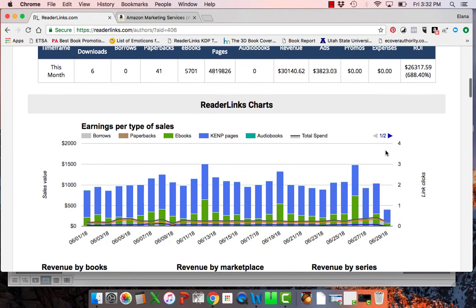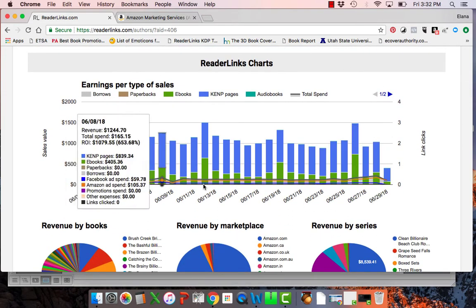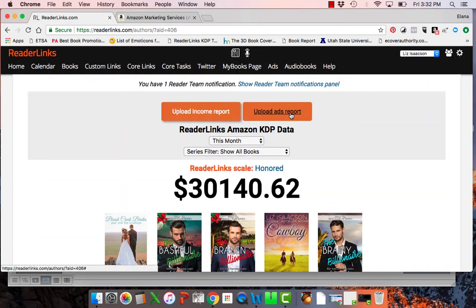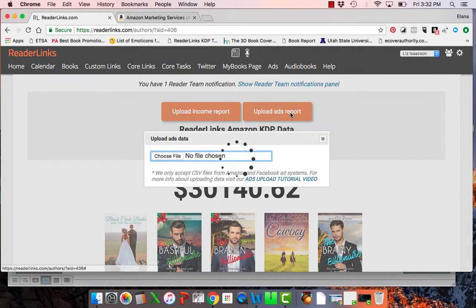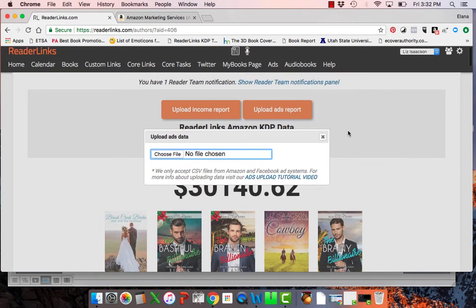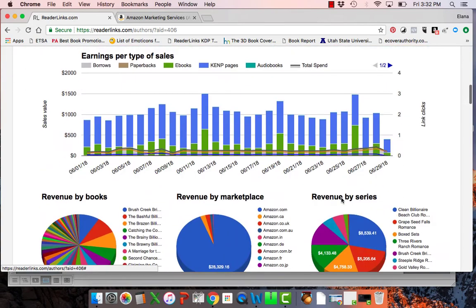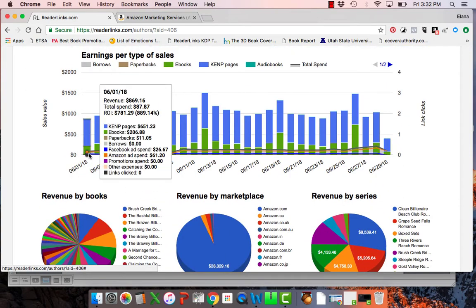But really what I pay attention to every day is this reader links chart. Every day I upload my ad reports right here, a Facebook ad report and an Amazon ad report, and it shows me that stuff in the chart down here. I can start on the 1st of June, and my Facebook ad spend was $26.